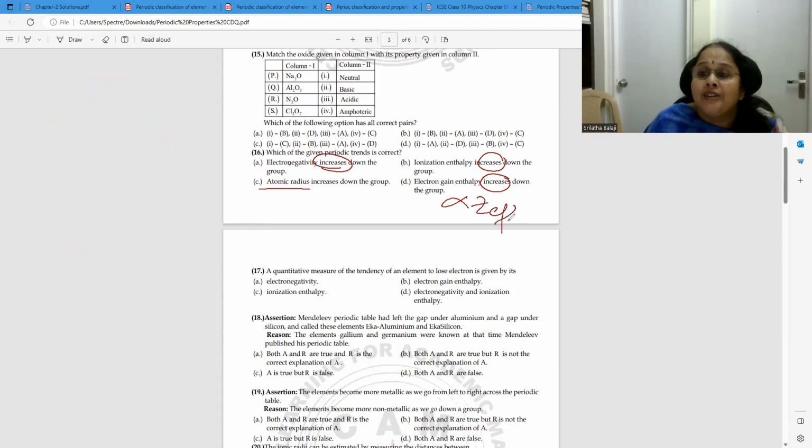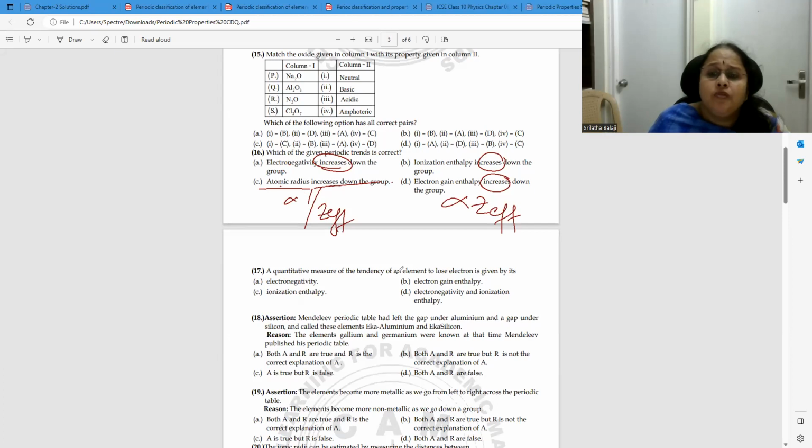They are all proportional to the effective nuclear charge, and atomic radius is inversely related to Zeff. Clear? This is an understanding in case you're stuck, but if you know this with rigorous practice, you will be in a position to answer it spontaneously.